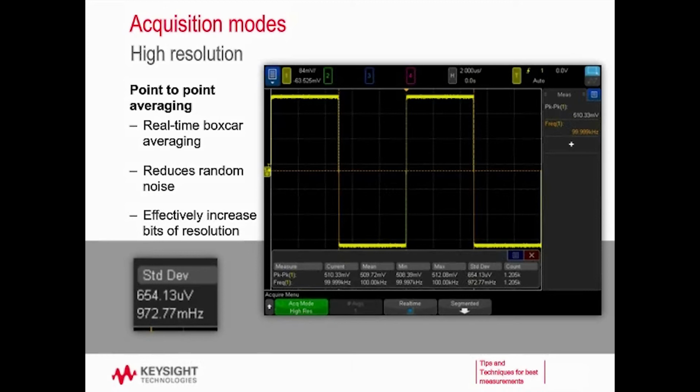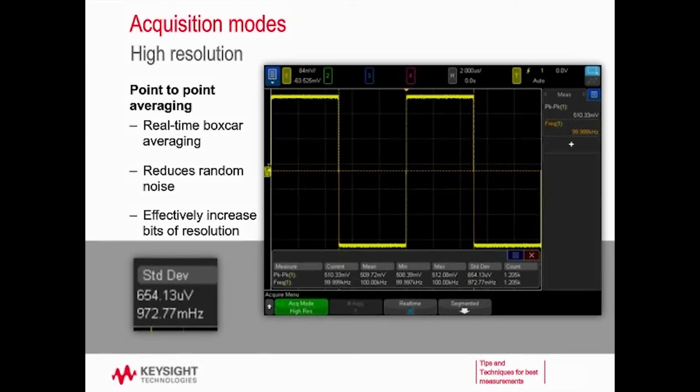Our next acquisition mode is this high resolution mode. And instead of being a waveform to waveform averaging mode like averaging mode was, this is more of a point-to-point averaging. So what we do is we use a real-time boxcar averaging system, which essentially means we oversample the system, average points together over a certain period of time, and find an ideal point out of those oversampled points.